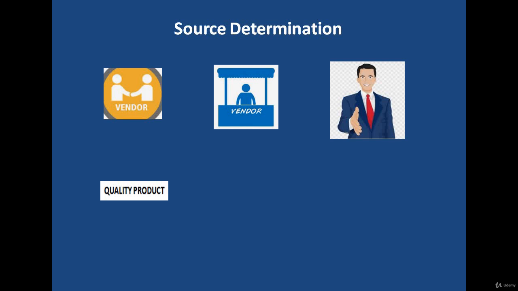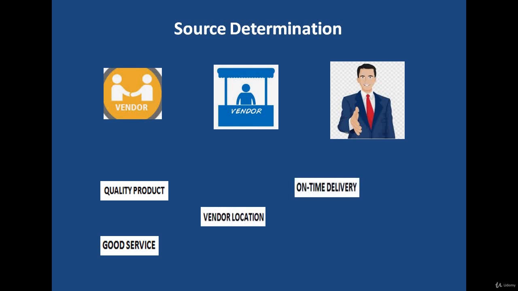So from the quality product point of view and good service point of view, the location of the vendor, on-time delivery point of view, and price point of view, and so on.